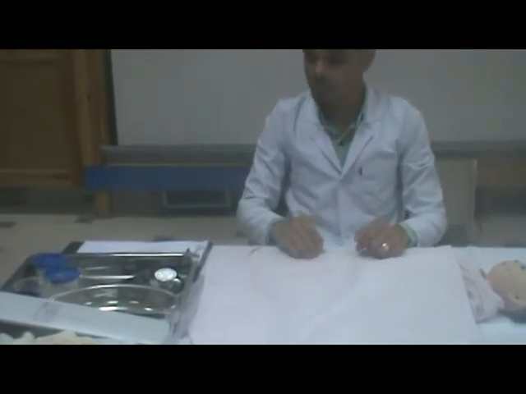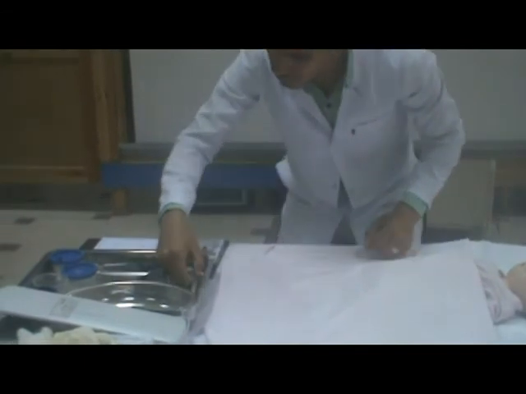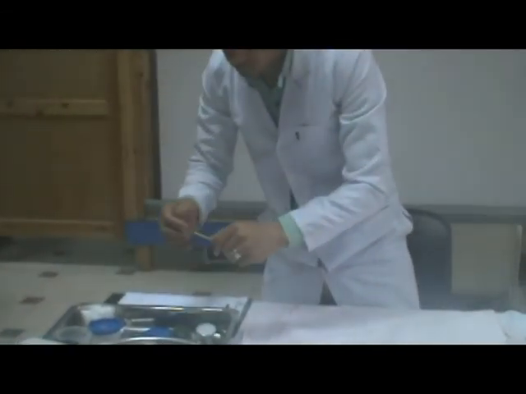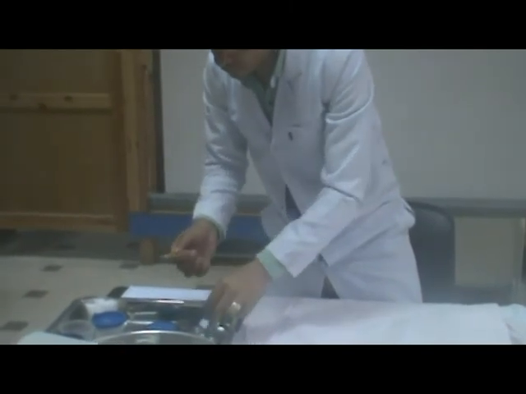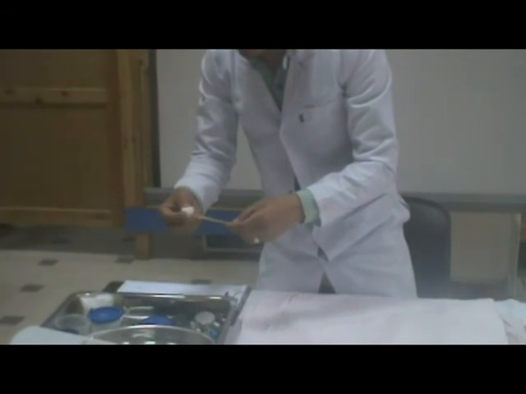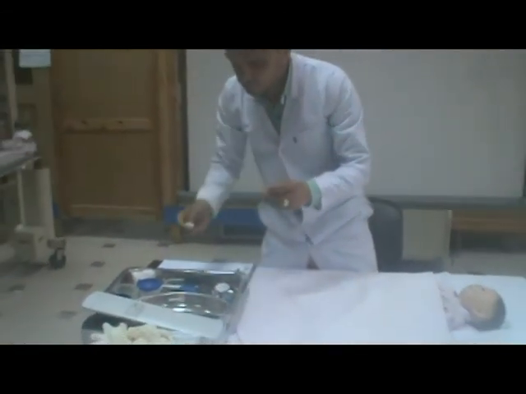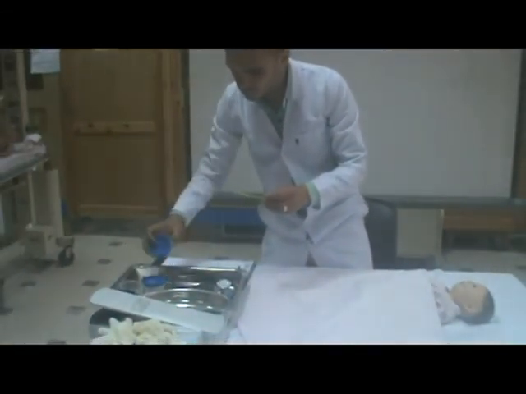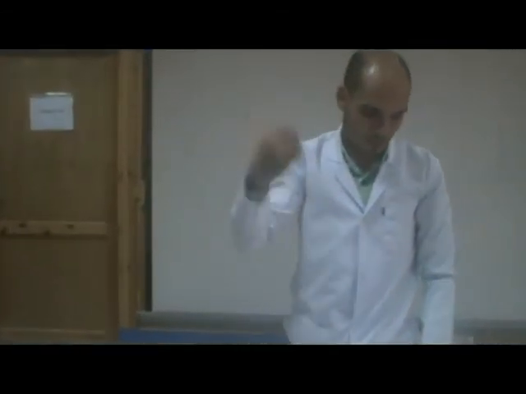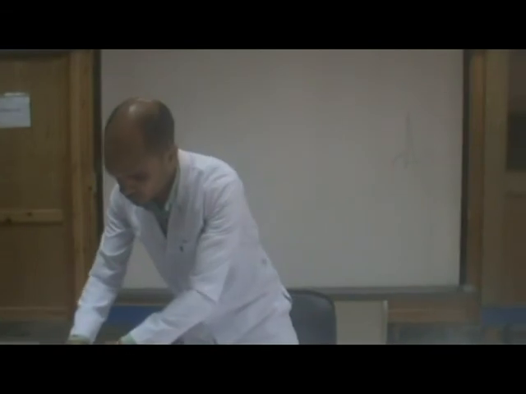Clean the thermometer with an alcohol swab to reduce transmission of infection. Check the thermometer to see that the reading is down to 35 Celsius. Clean under the axilla with dry cotton.